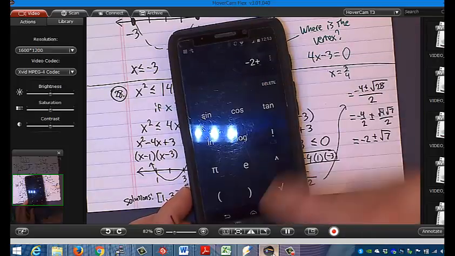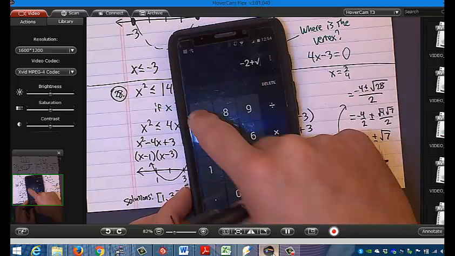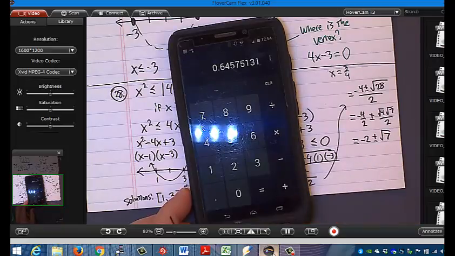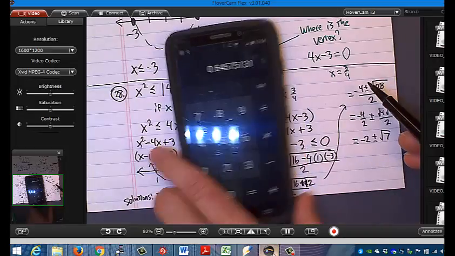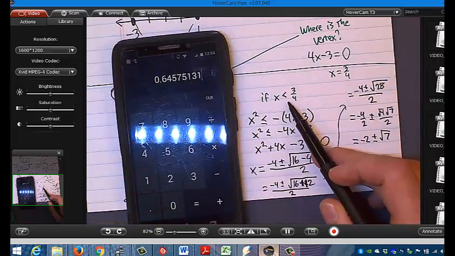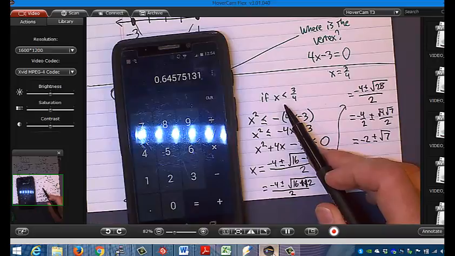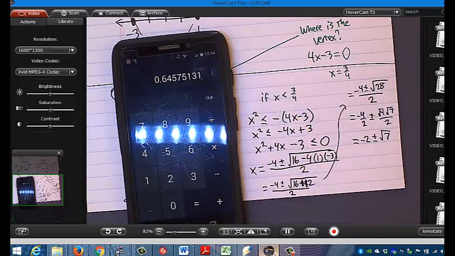Advanced panel, there we go. Square root of 7. I'm getting 0.64, right? That's with a plus. Is that less than 3/4? Well, I guess it is, so I'm okay there. Okay?